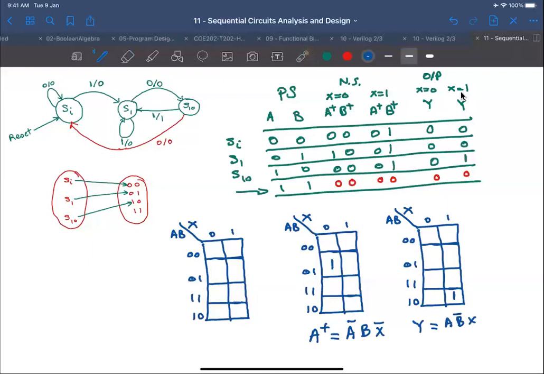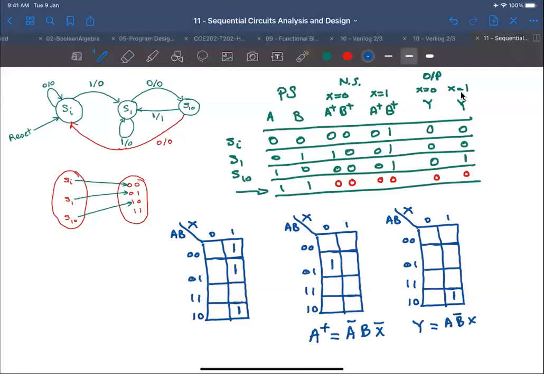Now you tell me where are the ones for B plus? First row, second row, third row, second column. Second column, first row, second row, and third row, fourth row. Yeah, okay. Excellent. This is confusing. You may forget this during the exam and then you get the whole thing wrong.